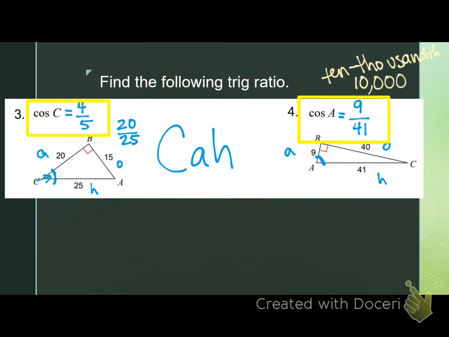So what is 9 over 41 equal to as a decimal? To 4 decimal places. What is it? 0.2195. Yeah. So on the worksheet tomorrow, it might ask you to make it a decimal. You just type it in, and that's it. So just for you to be prepared for that.